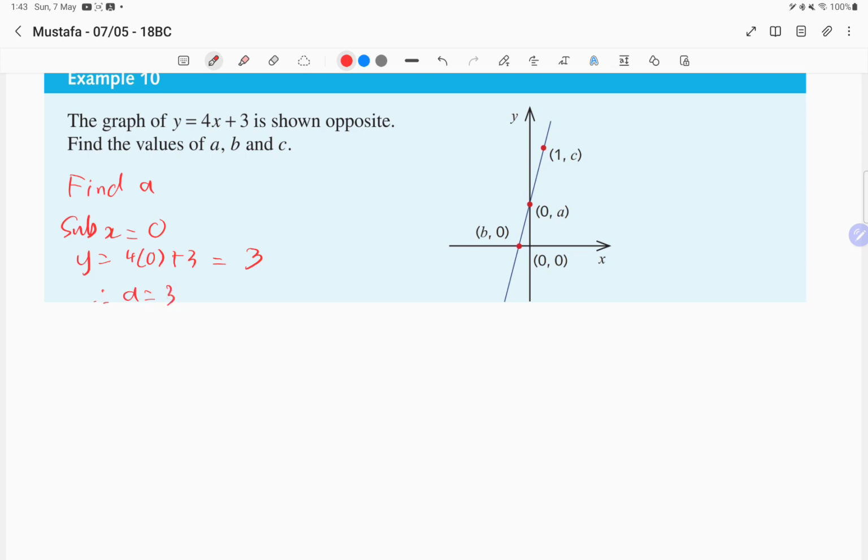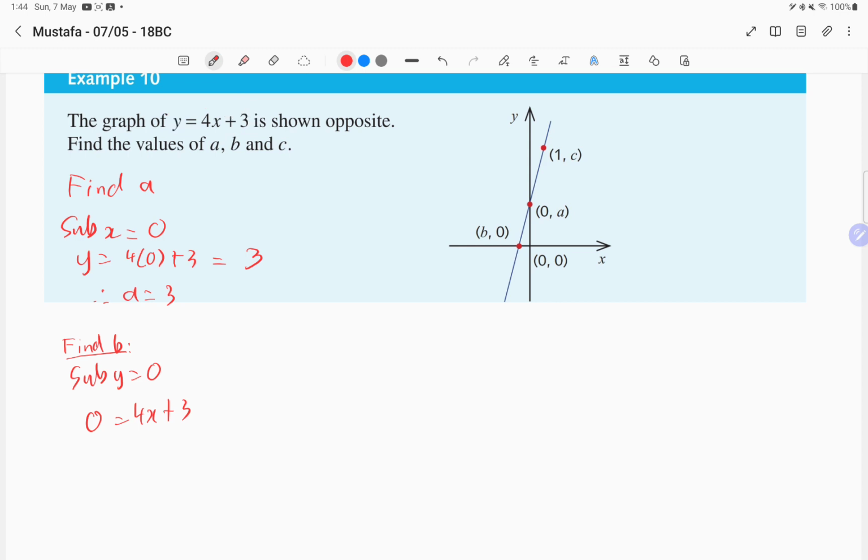Okay. So how do we find B? Sub y equals 0. Correct. Yeah, sub y equals 0. And then x equals... Alright, so remember, we're working with the same equation. So when you sub y equals 0, instead of writing y, you write 0.